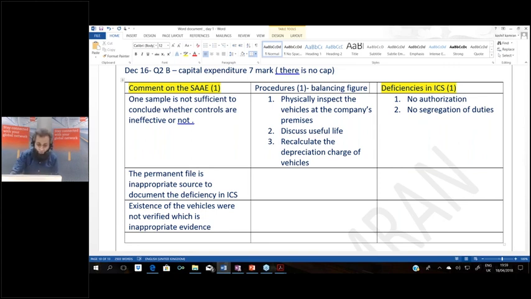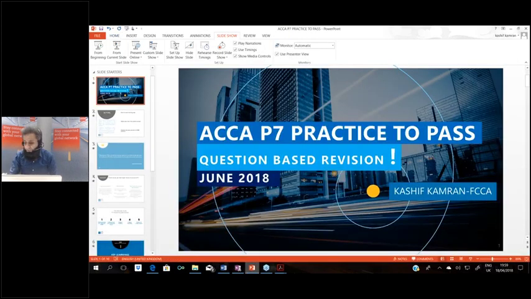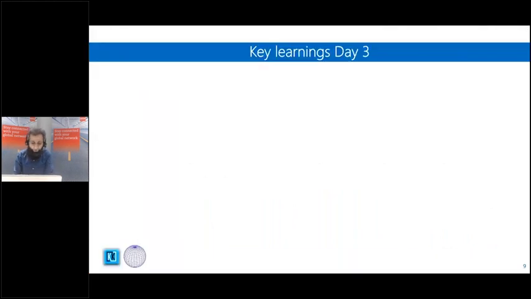Okay, one last thing to recap. The day 3 today, just the quick last 1 minute I have. Key learnings of day 3. Number 1, each matter is worth 1 mark. MTR.